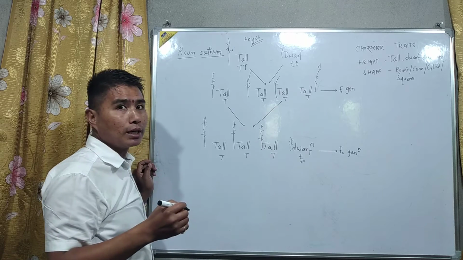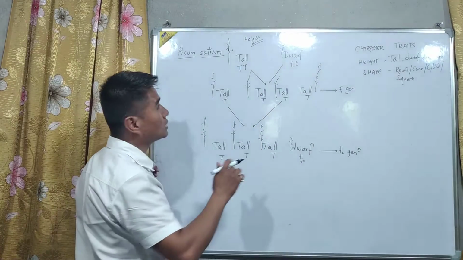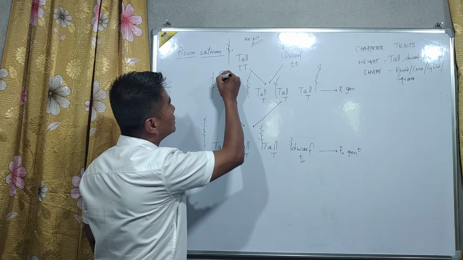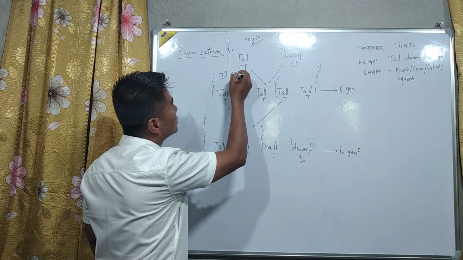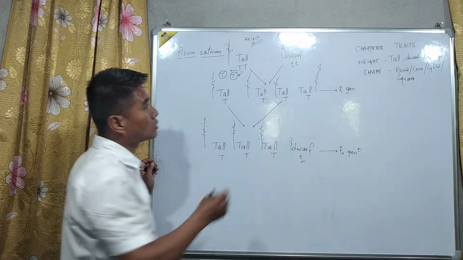When these two plants are crossed with each other, they make gametes.